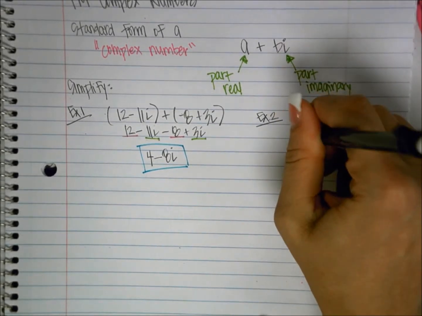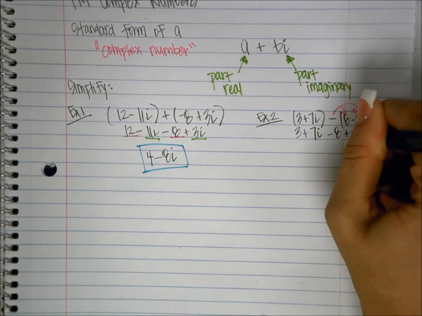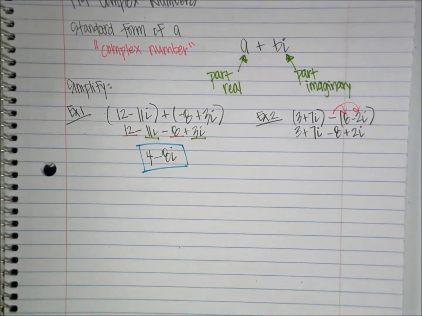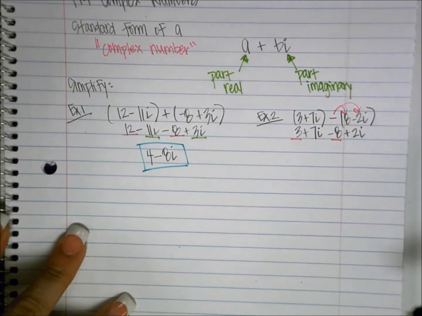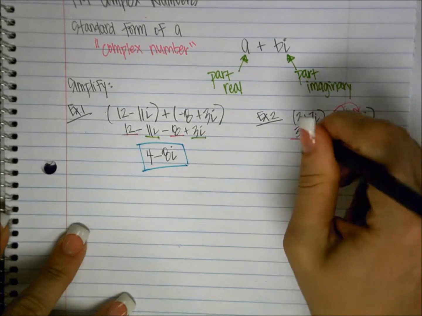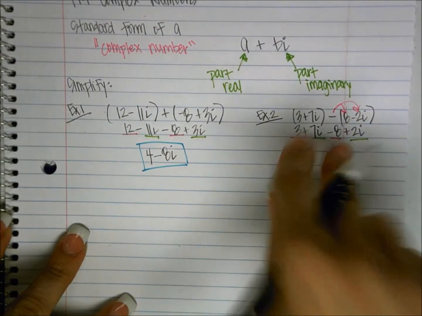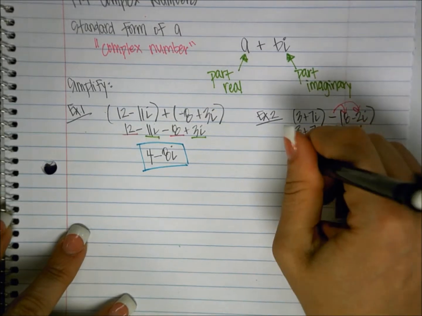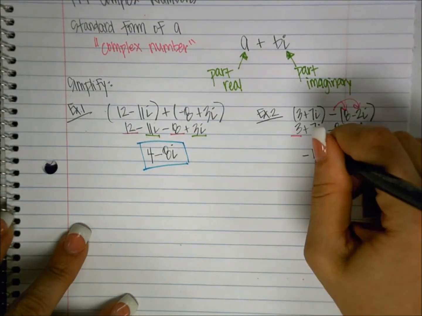So 3 plus 7i minus 8 plus 2i. And then we just combine the real parts and combine the imaginary parts. That's really easy. So 3 minus 8. Even though the real part is going to be negative, it still needs to be written first as part of a complex number. So the negative 5 goes first, then plus 9i.